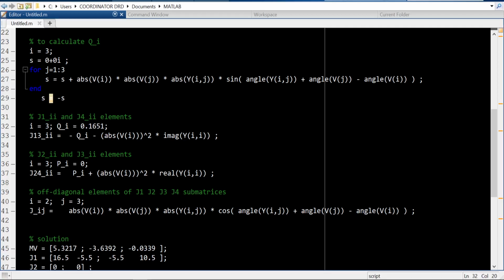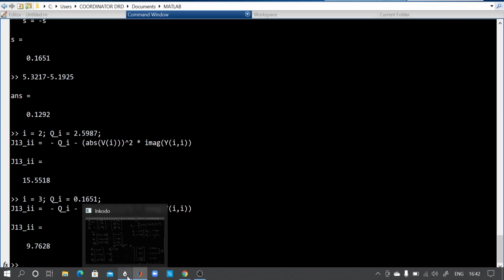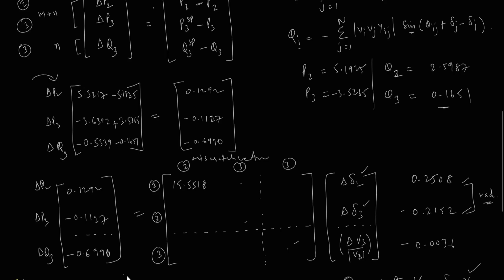So if I run this, I get 9.7628, right? Now off diagonal entries 2 3 and 3 2.